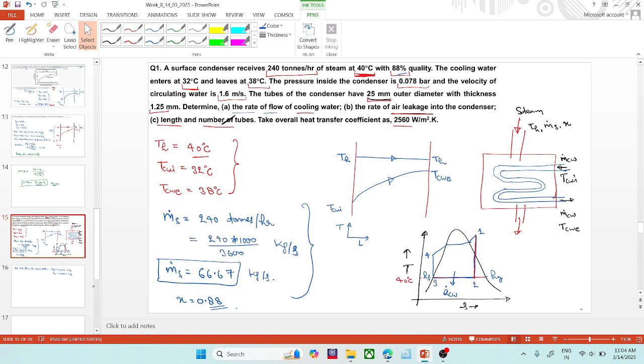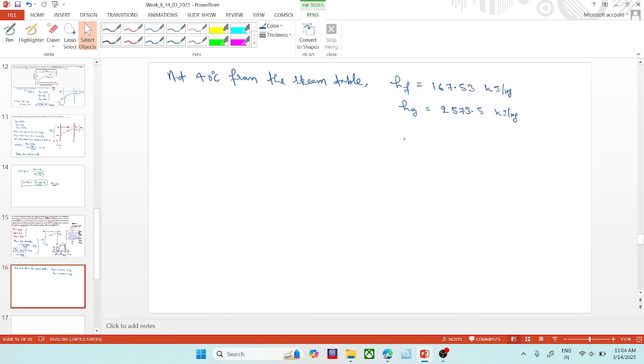The enthalpy of point 2, H2, would be HF plus X into Hg minus HF.